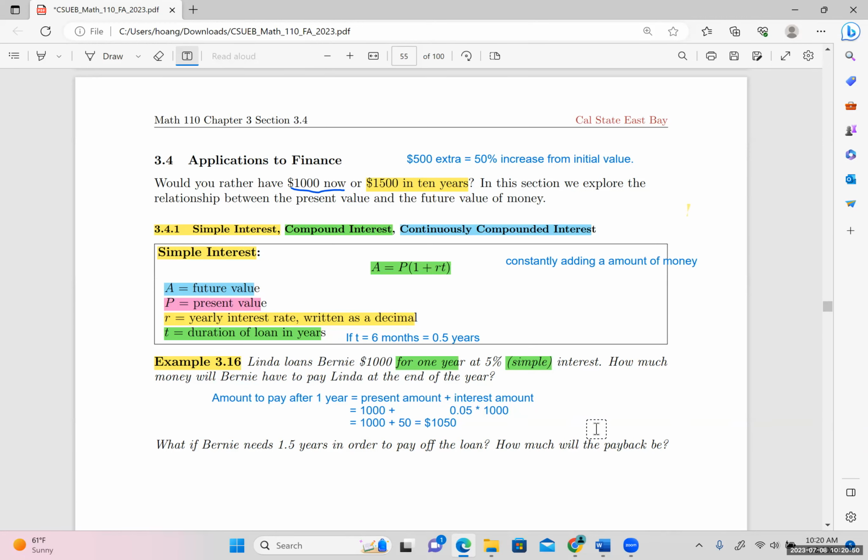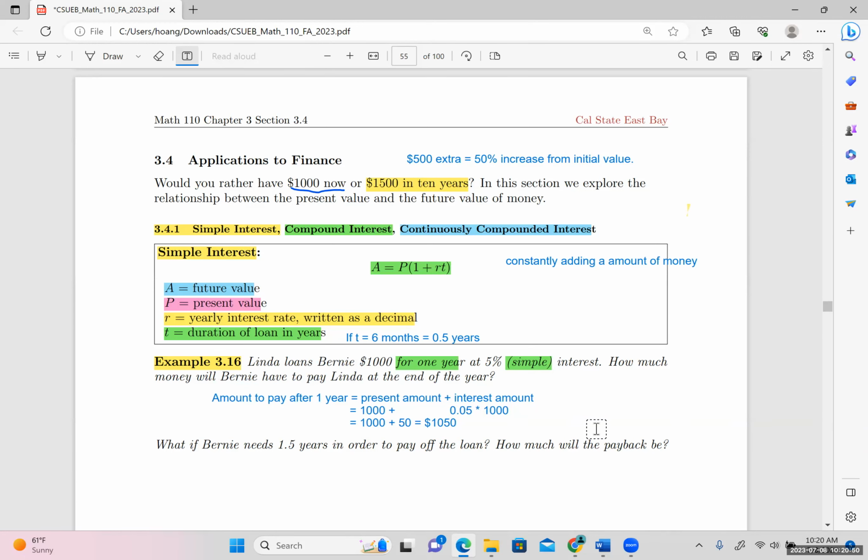So what if Bernie needs 1.5 years in order to pay off the loan? How much will the payback be? In this case, I will just apply the formula and get A equals P times (1 plus RT).